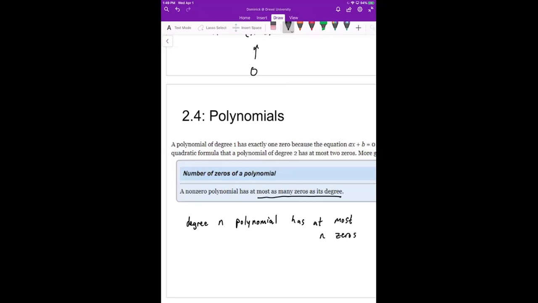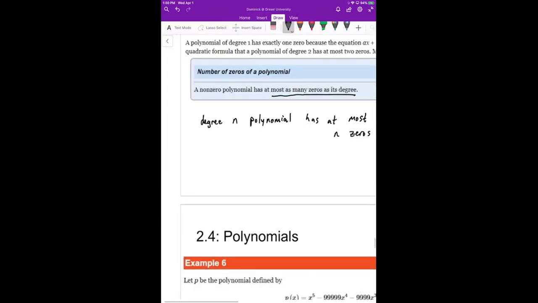All right, that's really what this is saying. And we talked about this with a quadratic function, right? The degree of a quadratic function is 2, and we saw the 3 different scenarios that you can have. You can either have 2, 1, or 0, which of course is at most 2.